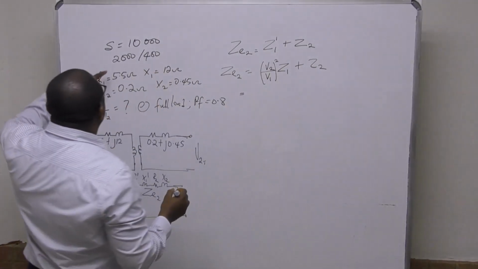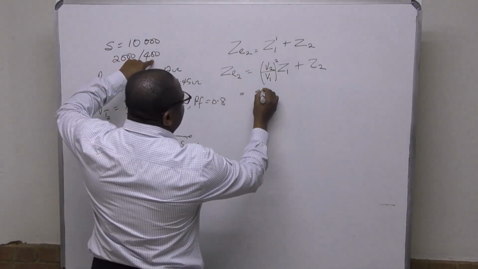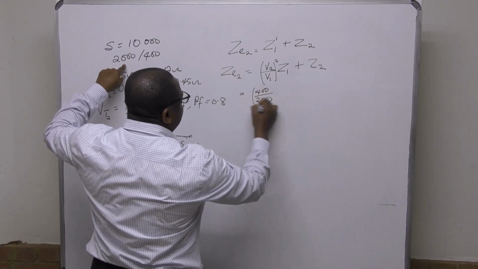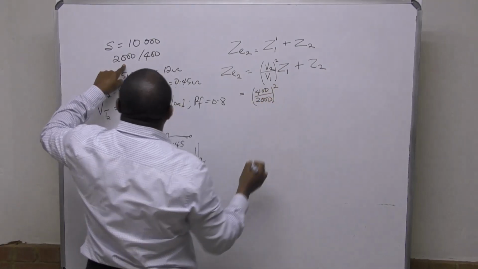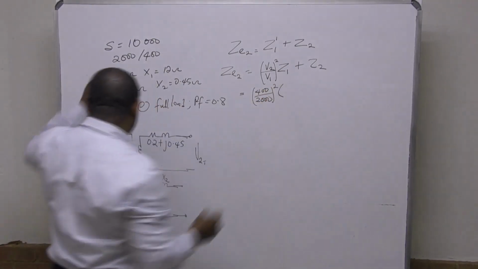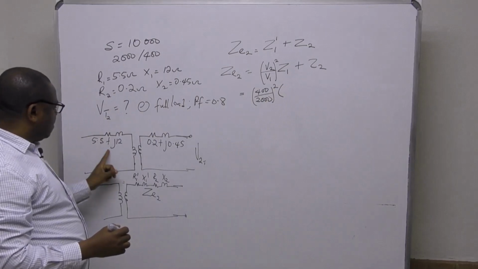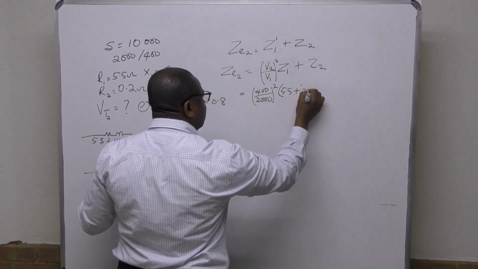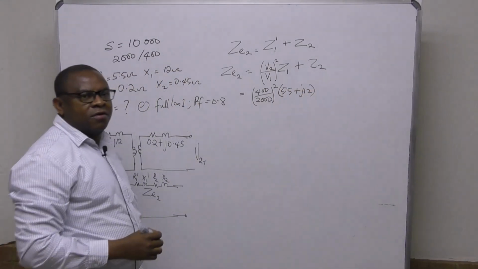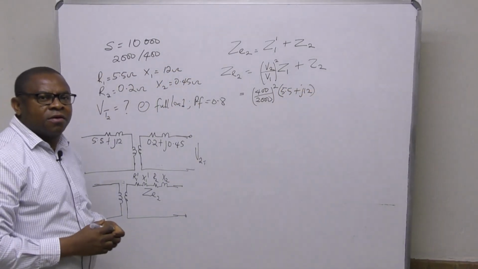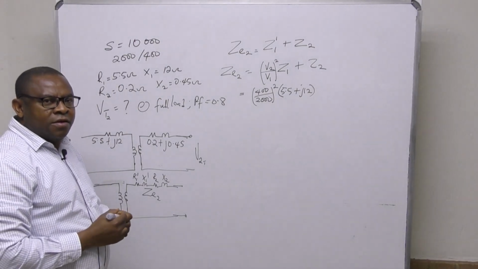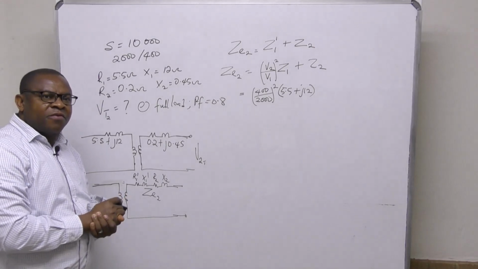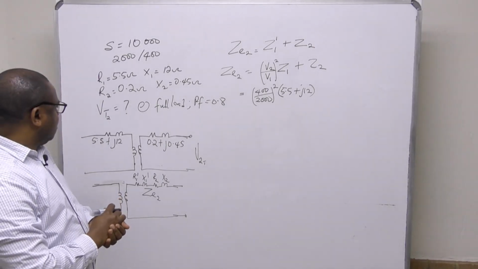So we're just going to write this like that. This is 400 V2 over 2000, all squared, into Z1, that is 5.5 plus j12.